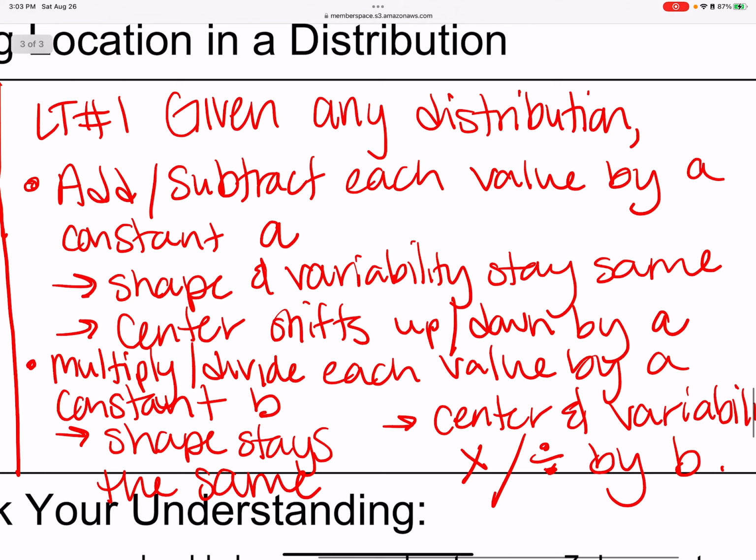In any distribution, if I add or subtract something to the data, everything's going to be shifted up or down, but the shape itself and the variability itself are not going to change. If I multiply or divide, however, my variability is going to be multiplied or divided, and also my center is going to be multiplied or divided.